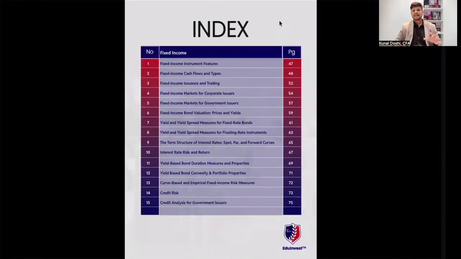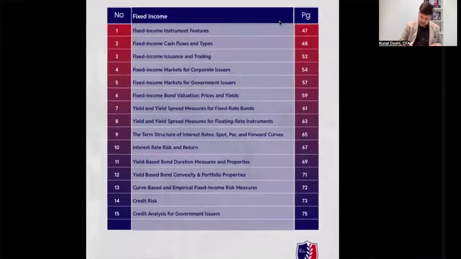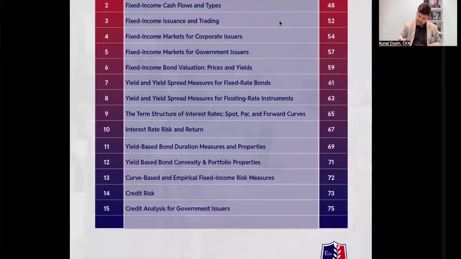Fixed income, a massive 19 readings, right? The weightage is the same as equity. Now, the majority of the formulas are in the section where pricing begins. So pricing, and then comes the risk part. From until this point, you will see the majority of the formulas coming up, especially for pricing, all the formulas are concentrated till here.